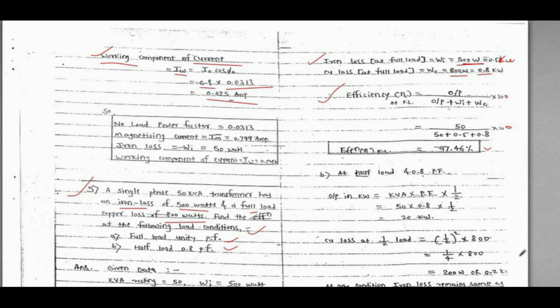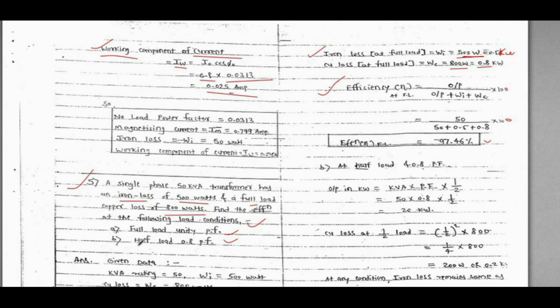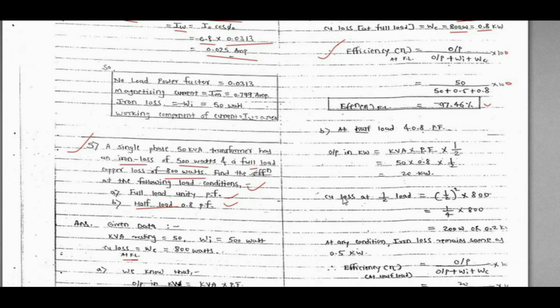Next, you have to calculate efficiency at half load, 0.8 power factor. For that you need to calculate copper loss at half load, because copper loss is a variable loss. It varies as per the load.